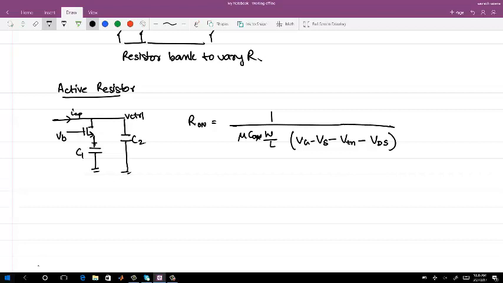Let's not neglect VDS, since you want to use it in the linear region. So if this is the resistance which we are going to use, is there any limitation on any of the control voltages?